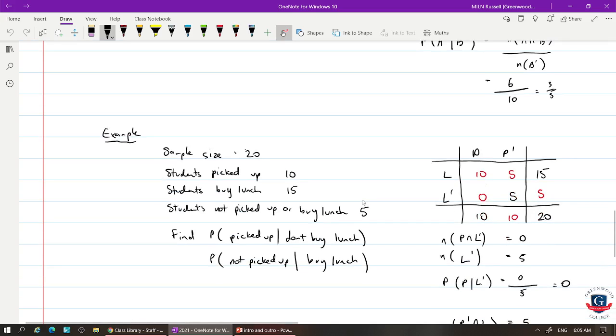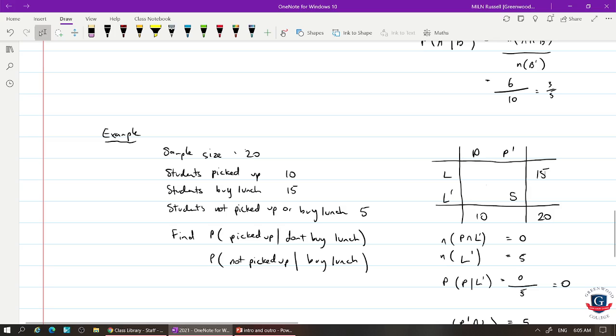We have a sample size of 20. It's students being picked up from school and students that buy lunch. I might rub this out and do the first part with you and then work on the second part. The sample size is 20, stuck 20 down here. Number of students being picked up is 10, that's this P down here.